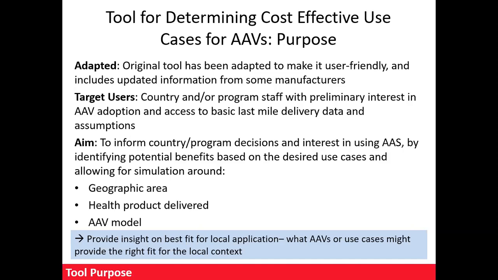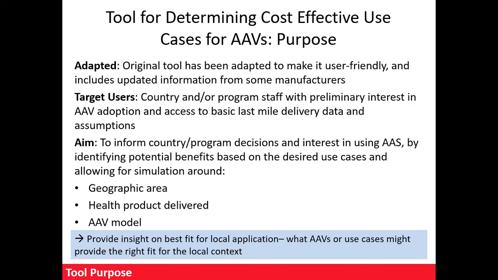The aim is to inform programs' or countries' decisions and interest in using autonomous aerial systems by identifying benefits based on the use cases that they want to try or apply. The tool also allows simulation around different geographic areas, health product categories, or the health product that they want to use in delivery, and also AAV model or type.